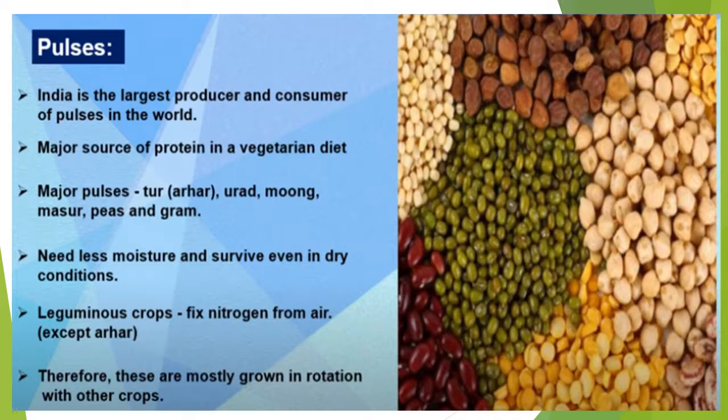So except arhar, all the remaining pulses fix nitrogen from the air into the soil. Therefore, these crops are mostly grown in rotation with other crops. It means crop rotation. Major pulses growing states are Madhya Pradesh, Uttar Pradesh, Rajasthan, Maharashtra and Karnataka. The first place has been occupied by Madhya Pradesh.